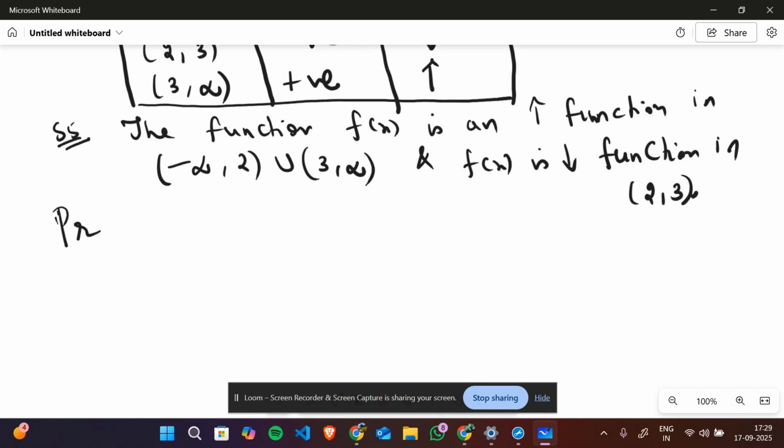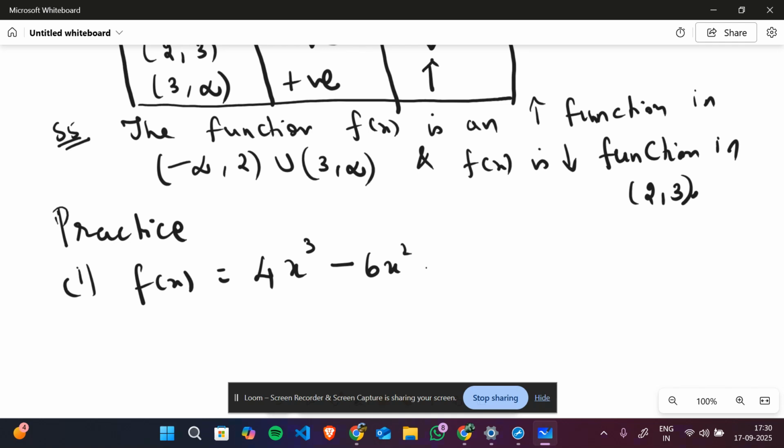Here, in order to find f dash of x, either you can apply the product rule, or you can expand and make it a polynomial function and solve. It's up to you. Practice these two problems and find at what intervals the function f of x is an increasing function and a decreasing function.